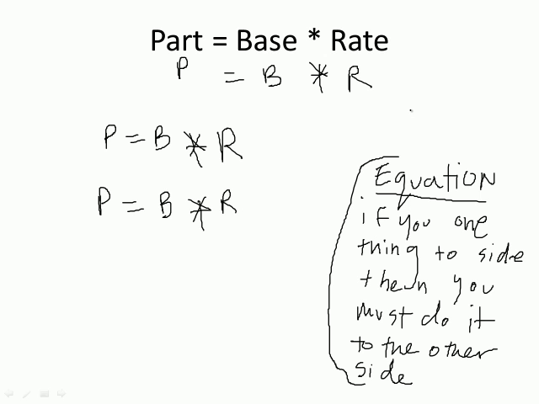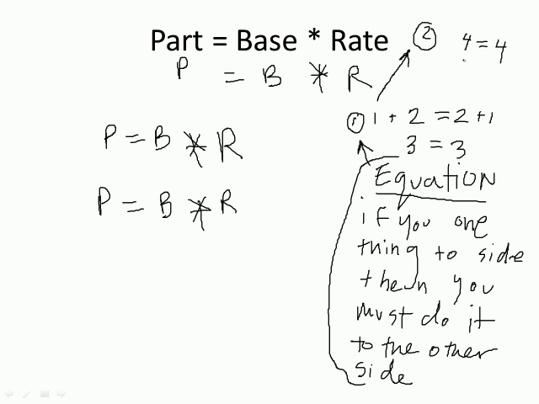Let's do a simple example. 2 equals 2. Well, what if I wanted to add 1 to each side? Is the equation still true, which means both sides are equal? Yes. Example number 2: what if we had 4 equals 4?